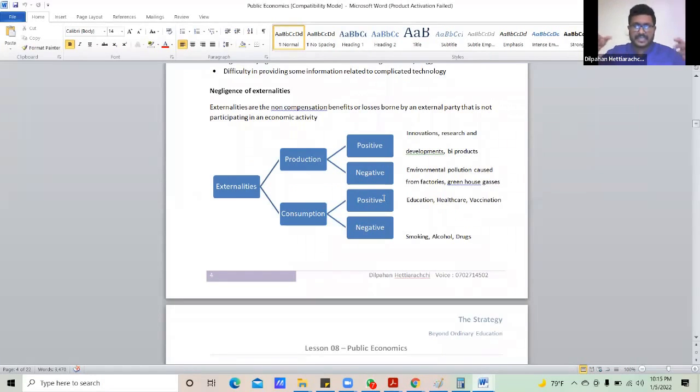So that's how it's connected. Basically, that means the different impact created on external parties is called externalities, right? When an economy engages in consumption and production processes, there are some situations which generate external costs and external benefits, and those are called externalities, right?